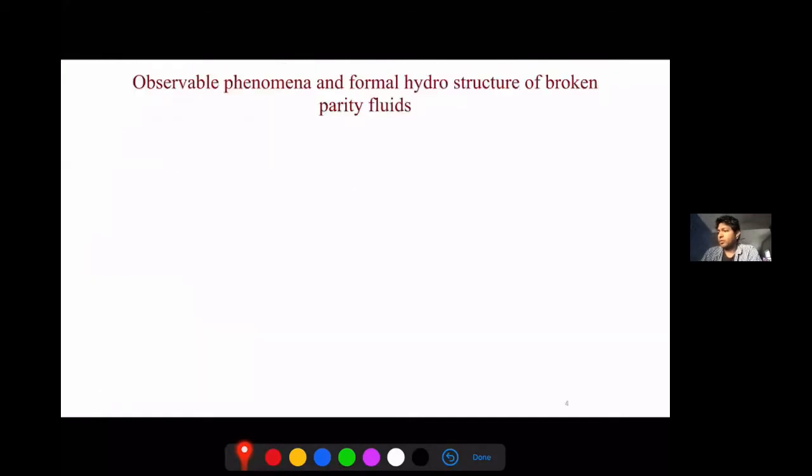So the active area of research related to these systems can be divided into 2 parts. One is to construct the library of broken parity phenomena in these 2-dimensional fluids. For example, solve a typical fluid dynamical problem. Think of how if you drop a ball in such a medium, what is the lift force on that ball?